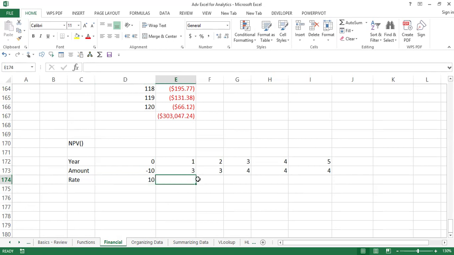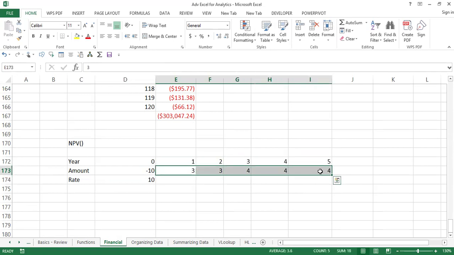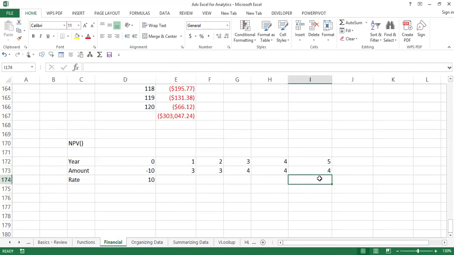So what will be the actual value of that investment? What's the present value? In the future it is 18. You add it up together. For that 5 years time, if we are to convert it to now, what does that value amount to? So that's what the NPV is about.